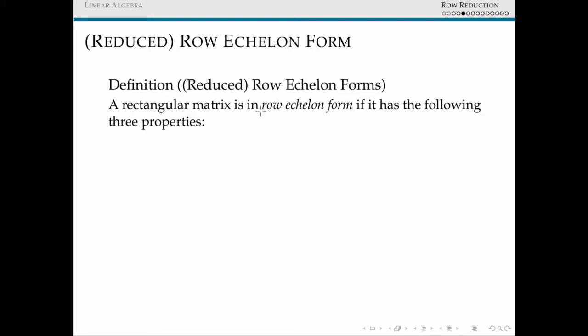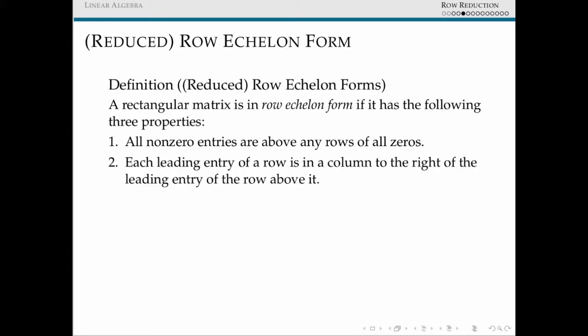So what do these forms mean? We say that we have a system in row echelon form, sometimes just called echelon form, if it has the following three properties. First, we want to have all of our zero rows at the bottom. Second, the leading entry of a row is in a column to the right of the leading entry of the row above it.